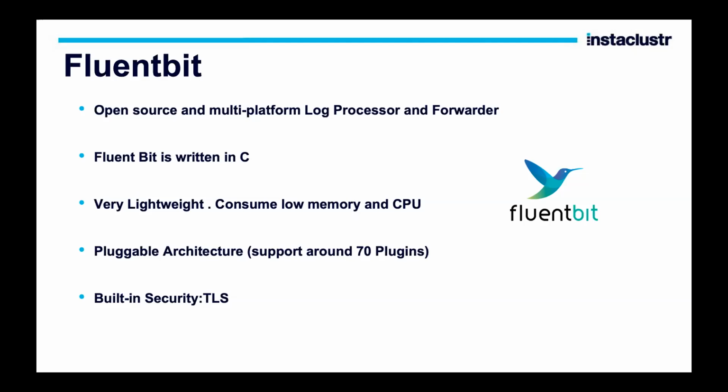If you have a heavy log processor, it can be consuming. You don't want to spend too much of your memory on a log processor itself. It takes around 650 kilobytes, but it also has a pluggable architecture and provides built-in security.